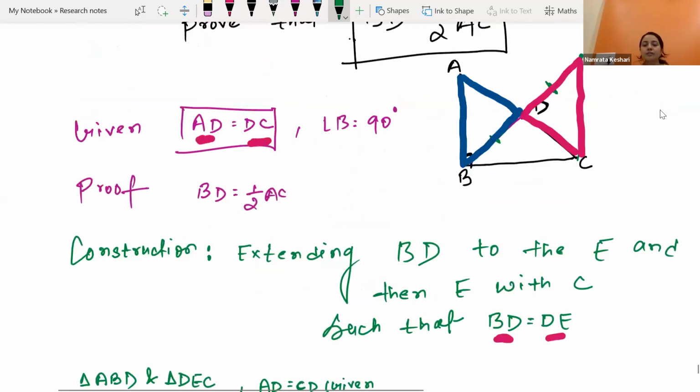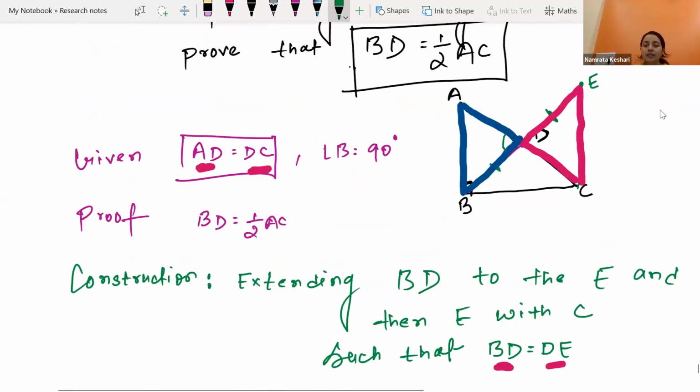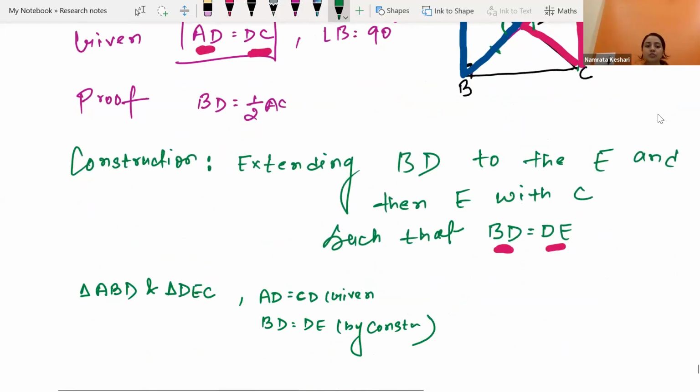And what else? Angle D over here, angle D over there, vertically opposite angle. So we'll be writing the proper name. Angle ADB is equals to angle EDC, vertically opposite angle.